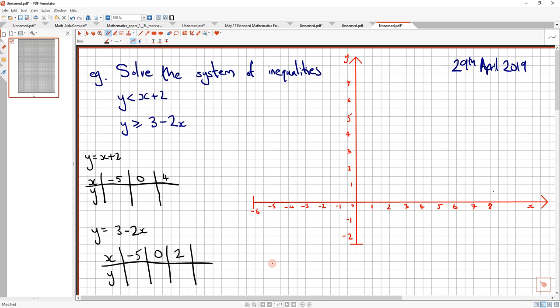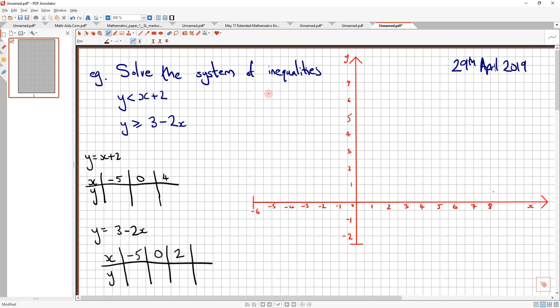Okay, so let's see if we can get our table drawn and the lines drawn. Now we need to be careful because when we draw these lines, just everybody stop for 1 second. When we draw the lines, what do we need to make sure for each of them? When I draw the line for this one, how's it going to be different to the line for this one? It could be dotted.